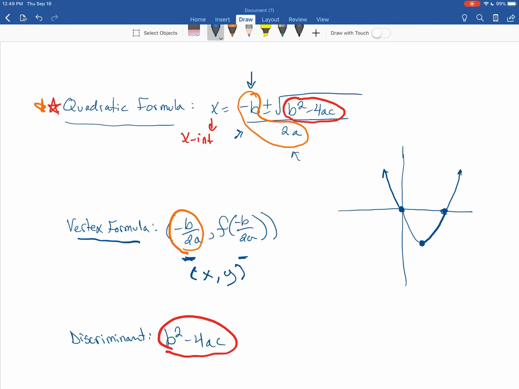I guess there's even another formula. There is the axis of symmetry formula, which seems, again, as though it is another formula that you have to memorize. But it's not. It's just saying that, hey, if you cut this parabola in half, right through that vertex, right through that x value that you found over here, that's your axis of symmetry.